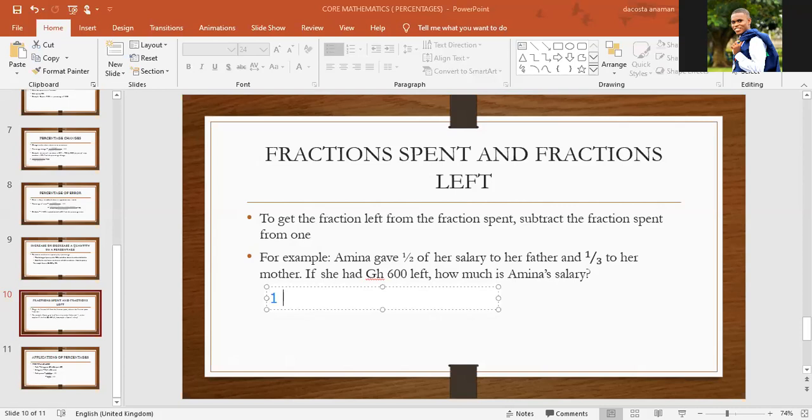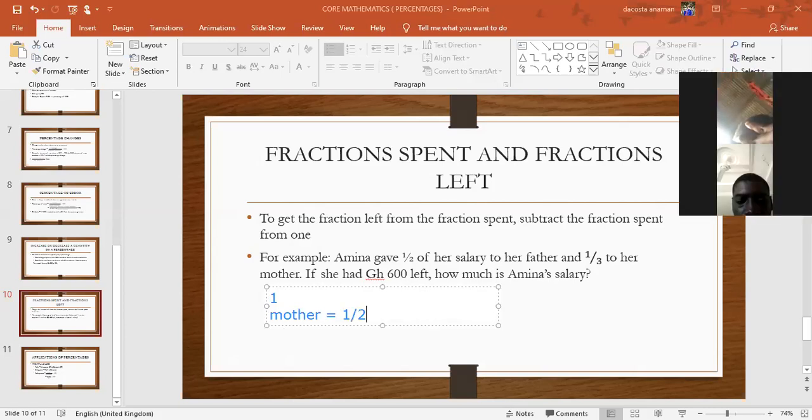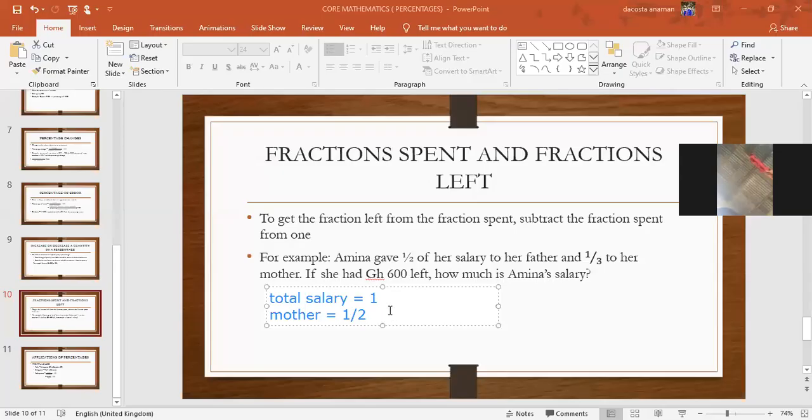Now, out of that 1, Amina gave half of that salary to the mother.